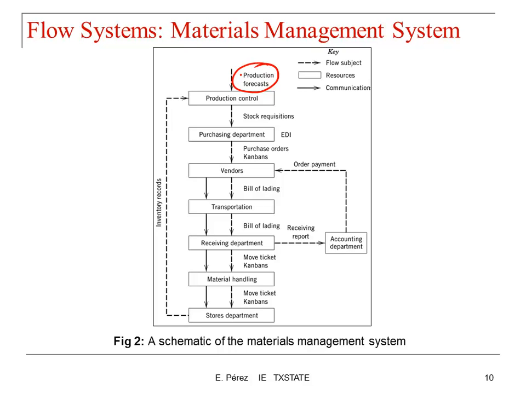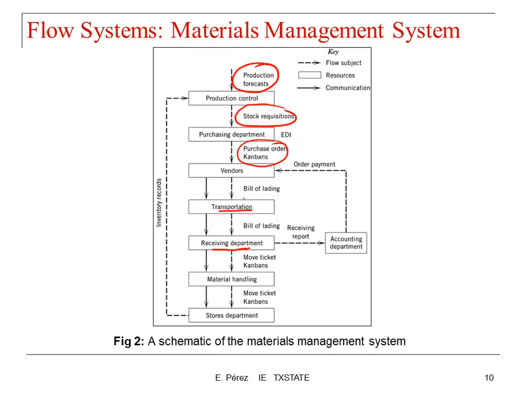So we're going to put these stock requisitions into the purchasing department, and those are the ones who are going to be in charge of making the purchase orders to the vendors. And then we're going to have to bring those items into the facility. So the vendors are going to be in charge of bringing those items.